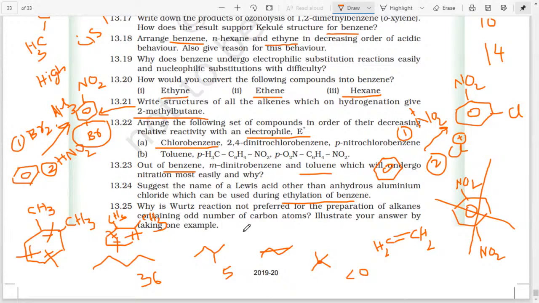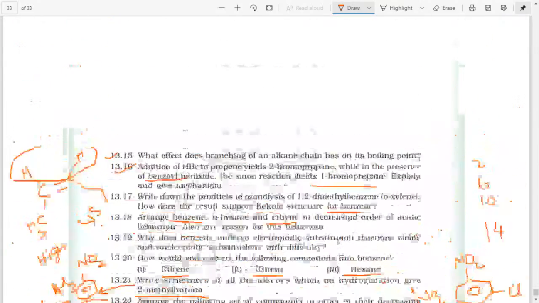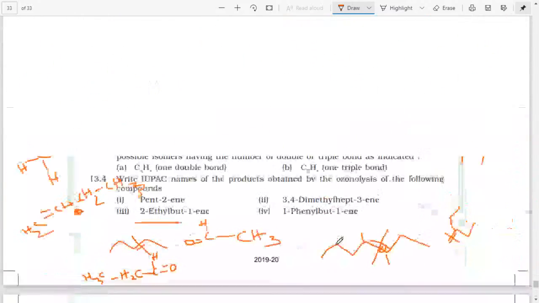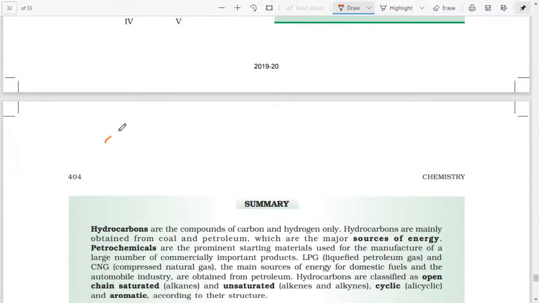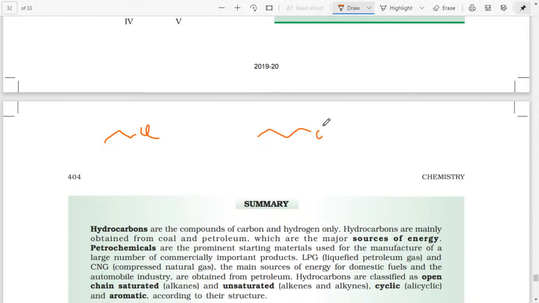Why is Wurtz reaction not preferred for the preparation of alkanes containing odd number of carbon atoms? Illustrate your answer by taking an example. So this question was asked in a different way in NEET 2020. So odd number alkanes, for example, if I take propane, so this is chloropropane, and if I take chlorobutane and do Wurtz reaction, this is odd number, plus odd, 3 plus 3, what chain am I going to get?